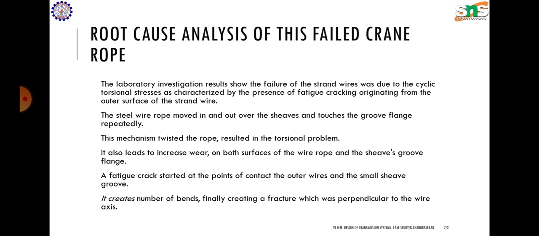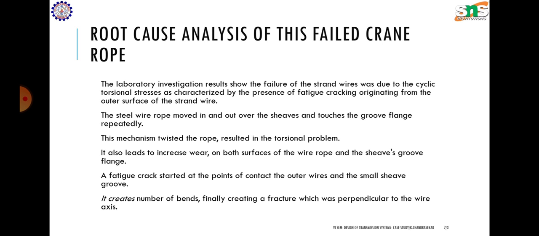How was this torsional stress found? The steel wire rope moves in and out over the sheaves and touches the groove flange repeatedly. This mechanism resulted in twisting of the rope, and that twisting resulted in torsional stresses.